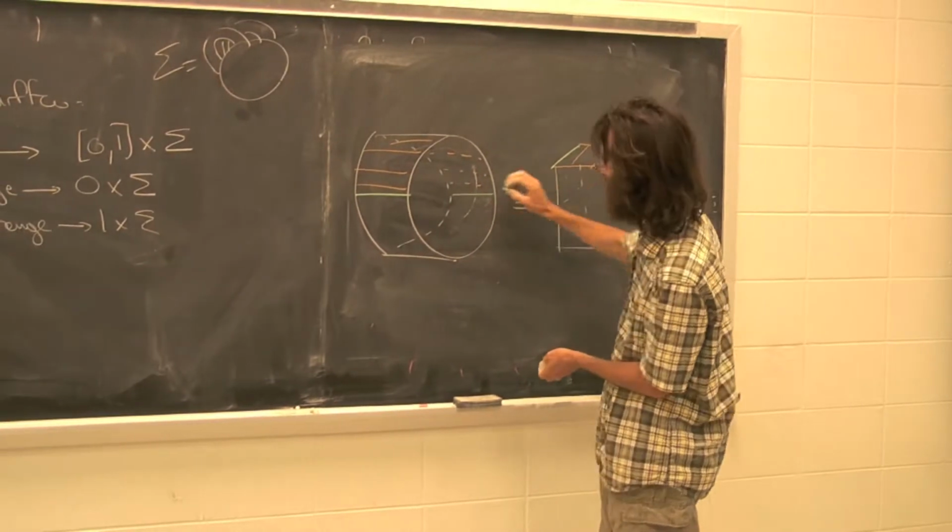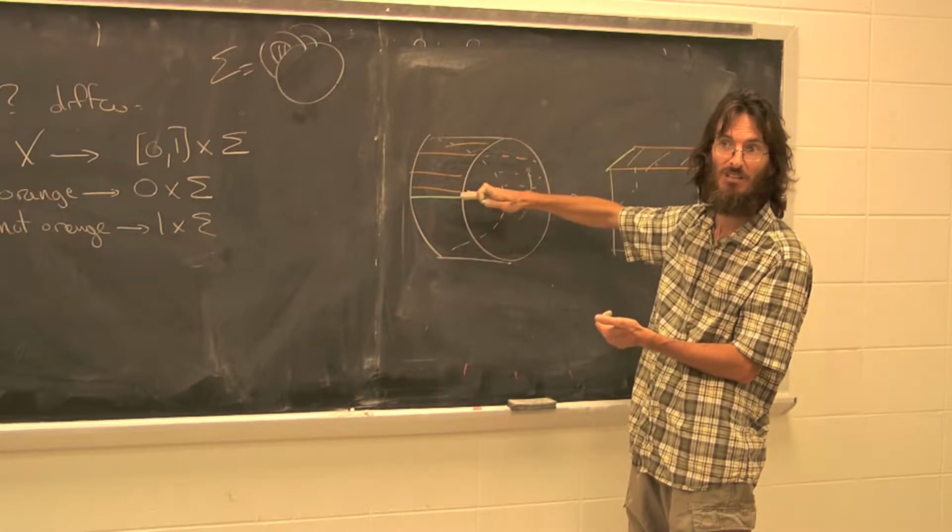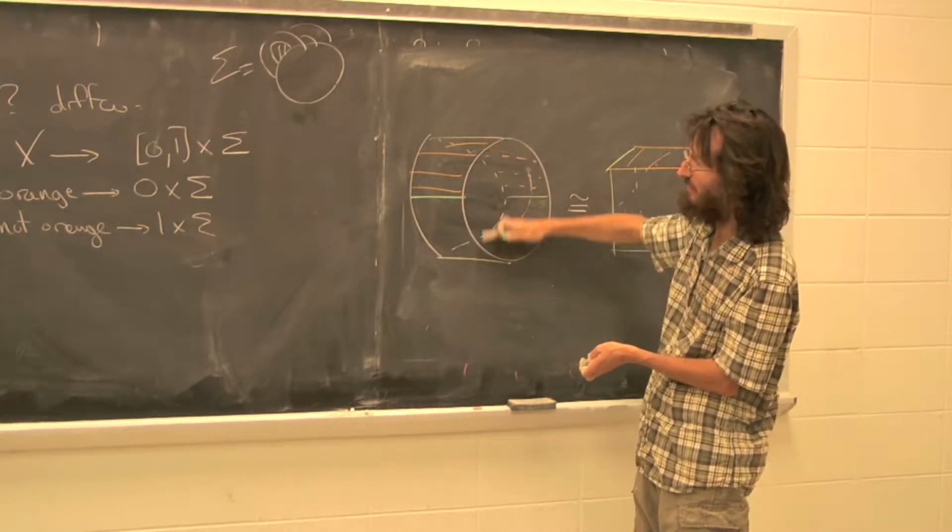So then the point is, if I want to see the boundary of this, what I really want to keep track of is the boundary of the center. I'm trying to make everything a product.